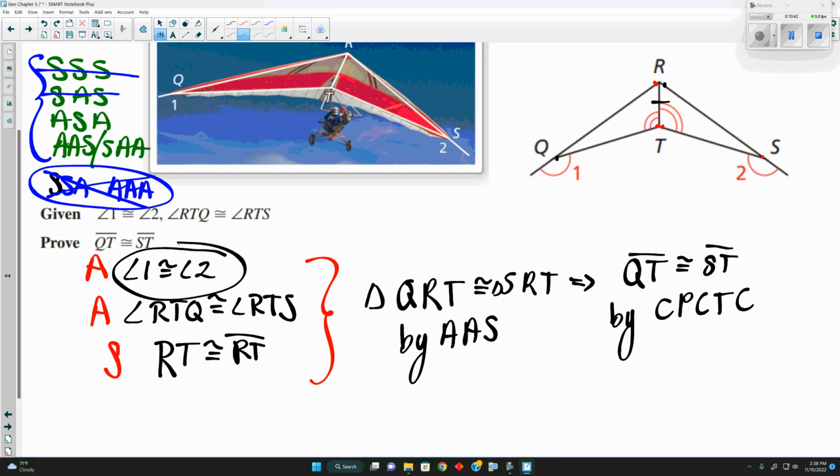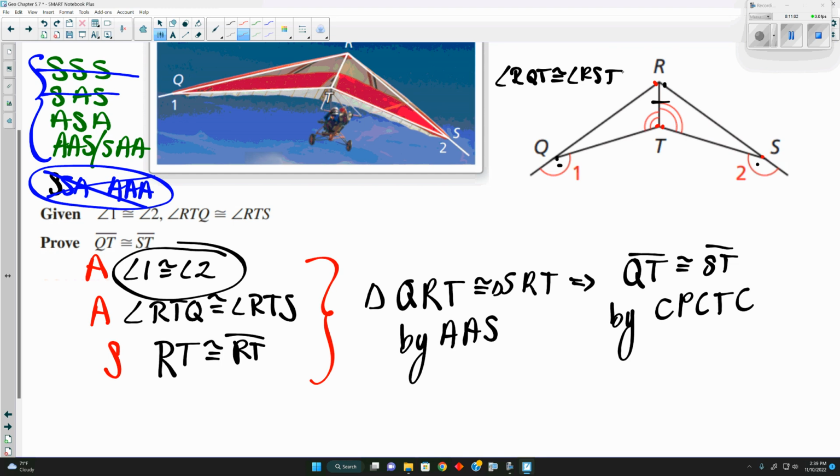Questions on this here? Technically, this does need to be fixed a little bit. Because are angle 1 and angle 2 actually in the triangles? No, they're outside. But if I know that these are congruent, angle RQT is going to be congruent to RST because of supplementary angles.